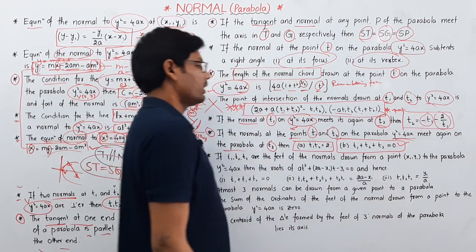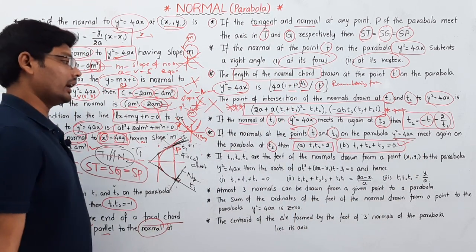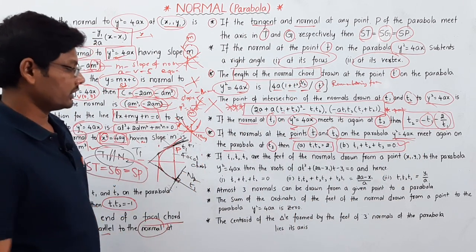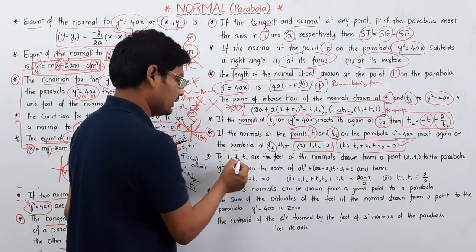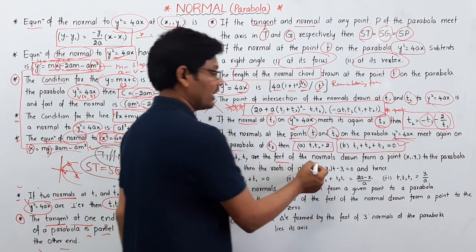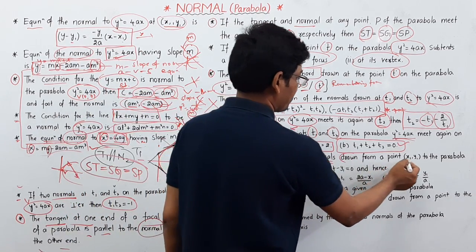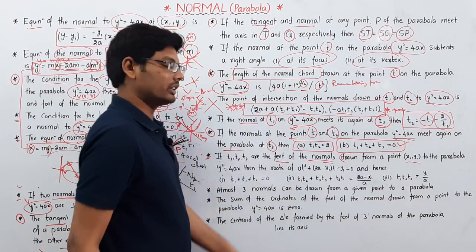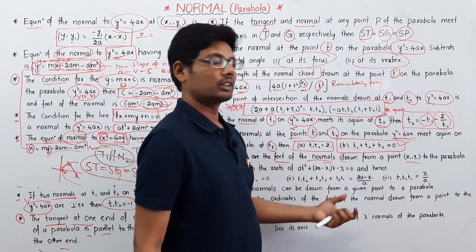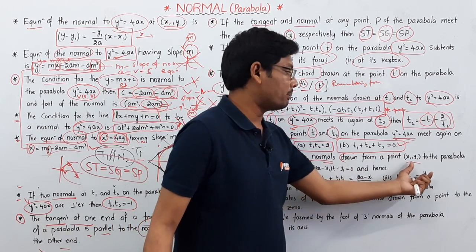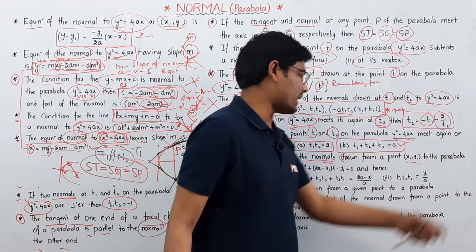This is the next point. And here, if t1, t2, t3 are the feet of the normals drawn from a point P of x1, y1, these are the three feet of the normals from point P of x1, y1 to the parabola.